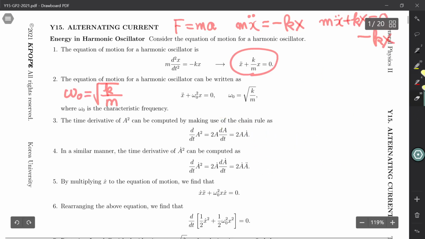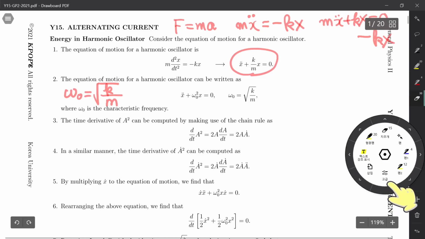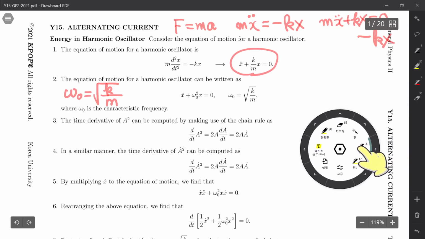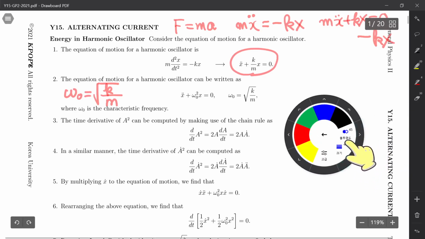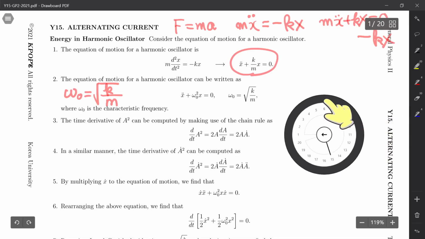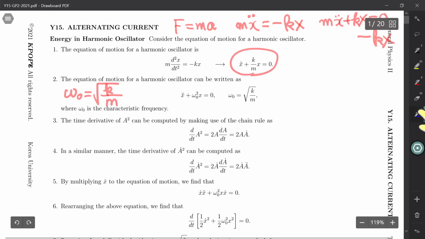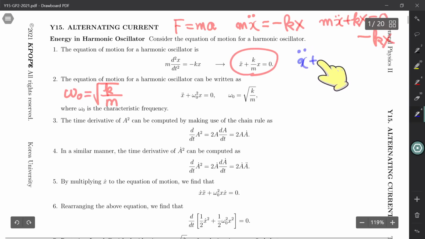We have x double dot plus omega 0 squared x equals 0. We multiply by x dot.